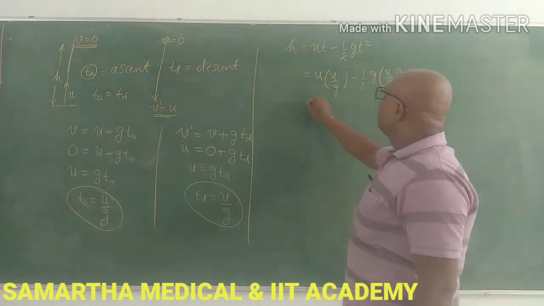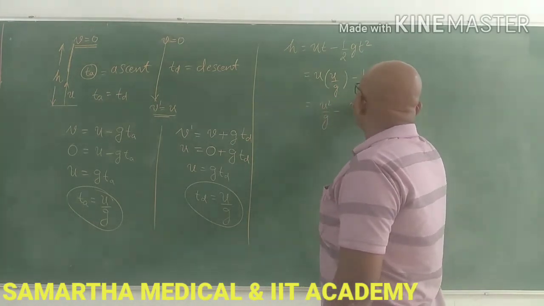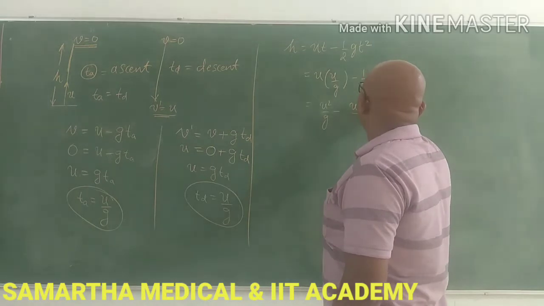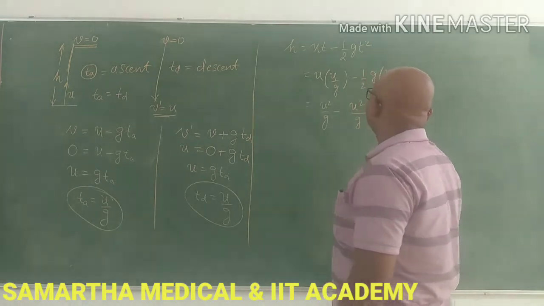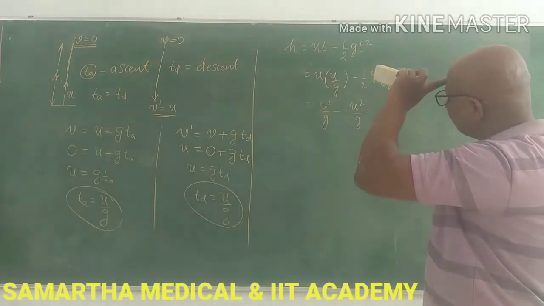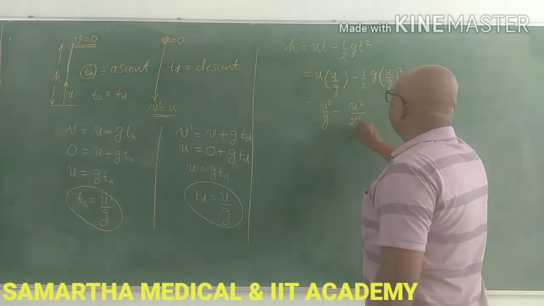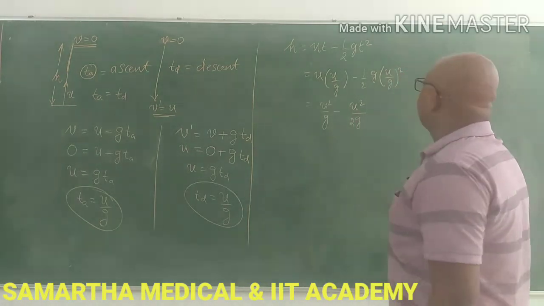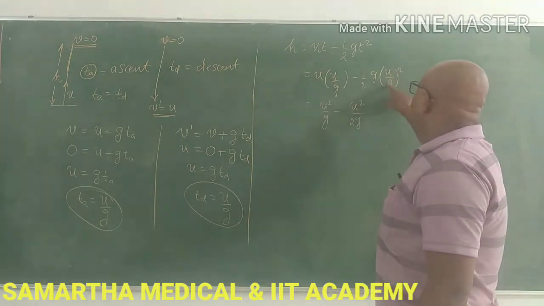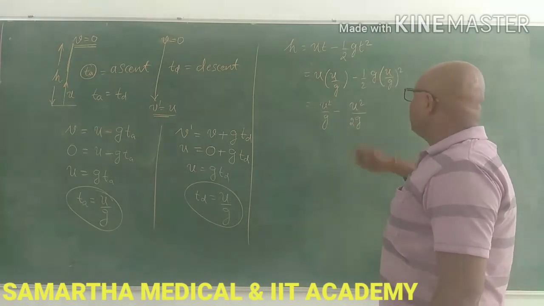So now it becomes u square by g minus u square by 2g, because half is there. u square by g square into g cancelled, so u square by 2g.